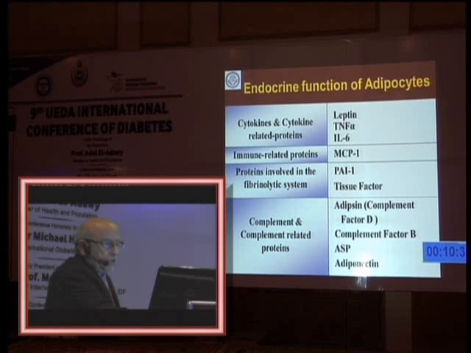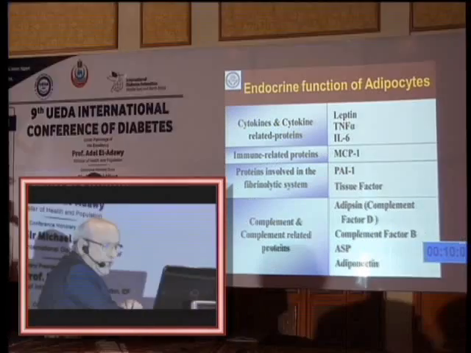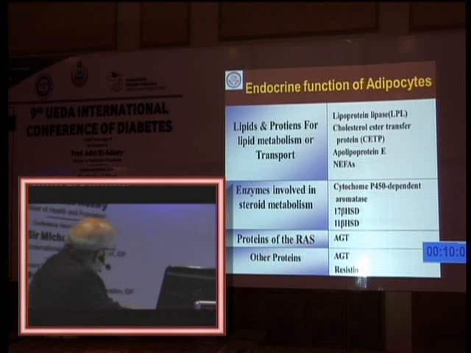Cytokines and cytokine-related proteins, including leptin, tumor necrosis factor alpha, interleukin 6, the immune-related proteins like MCP1, proteins involved in the fibrinolytic system, PAI-1, and the tissue factors. Those that belong to the complement-related proteins: adipsin, complement factor B, ASP, and adiponectin.